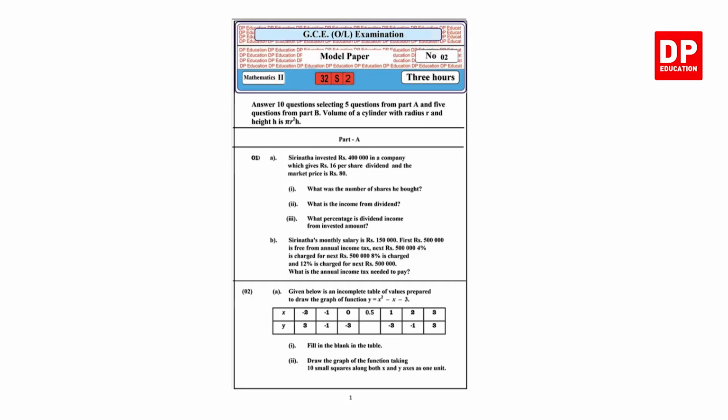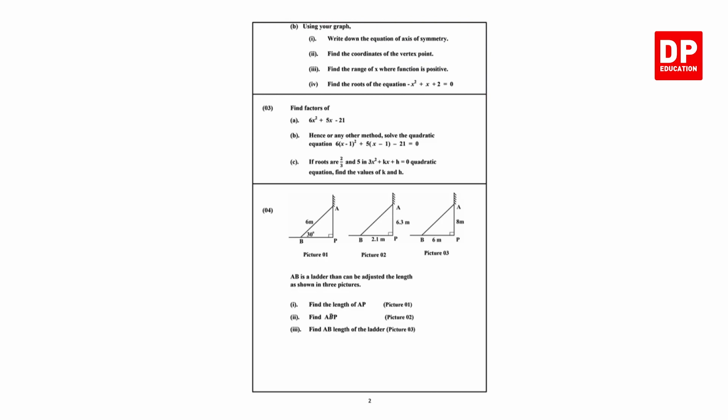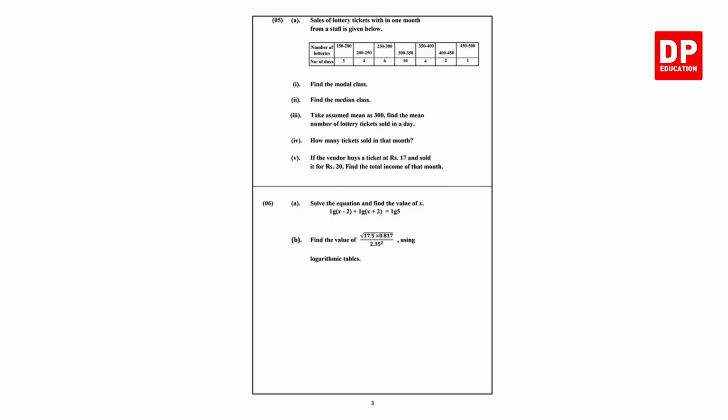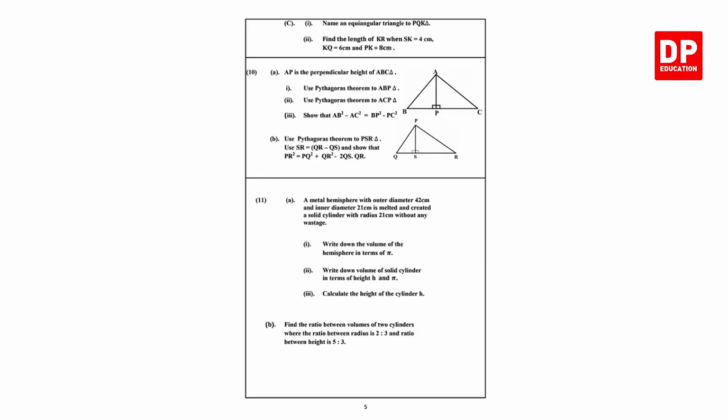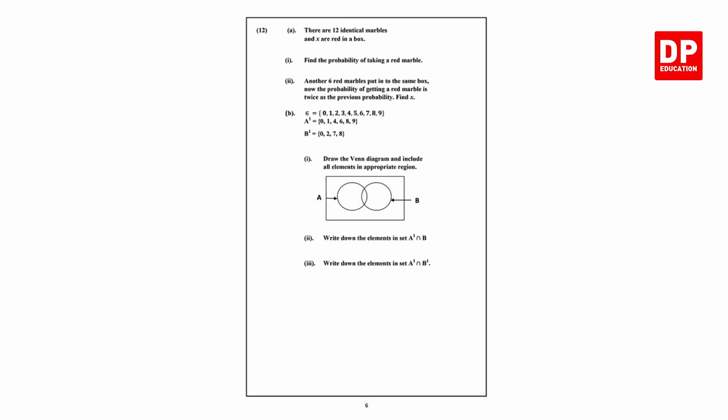So let's take the paper. Part A, you get question number 1 and 2, then 3 and 4, and 5 and 6, and part B, you get questions 7, 8, 9, 10, 11, and on the last page, question number 12.